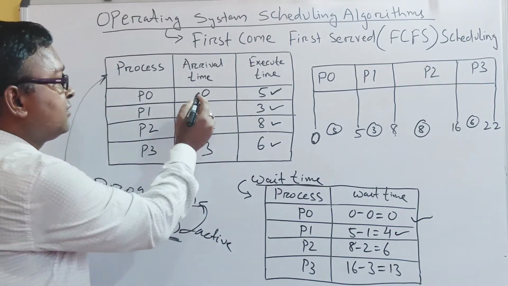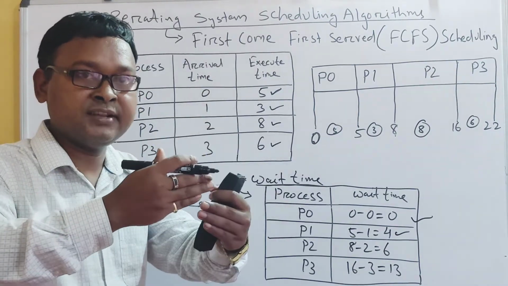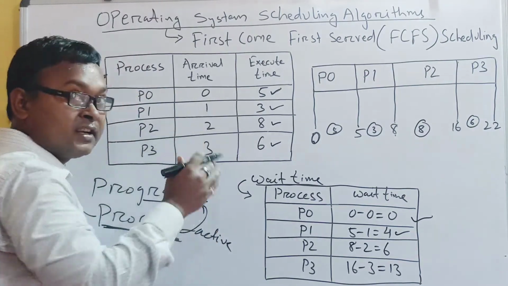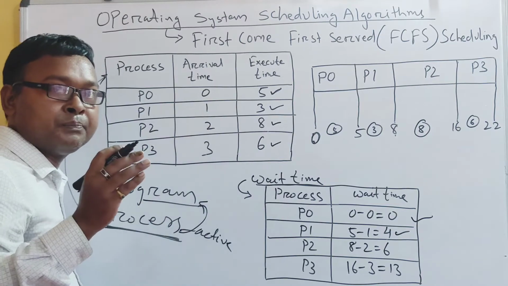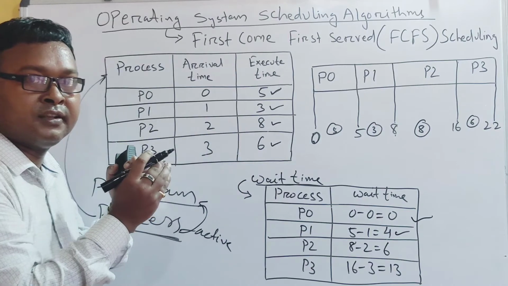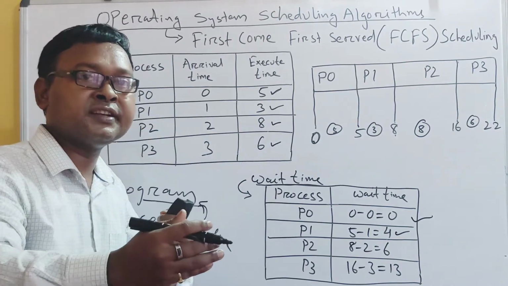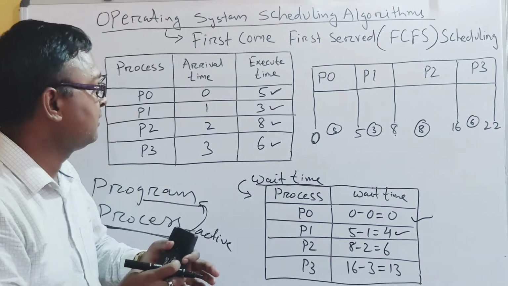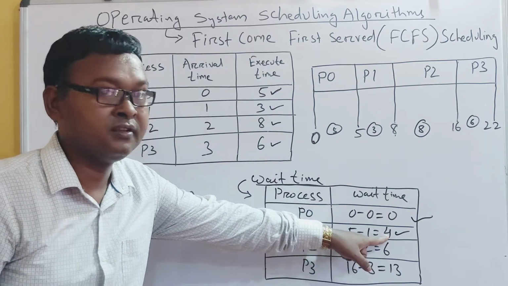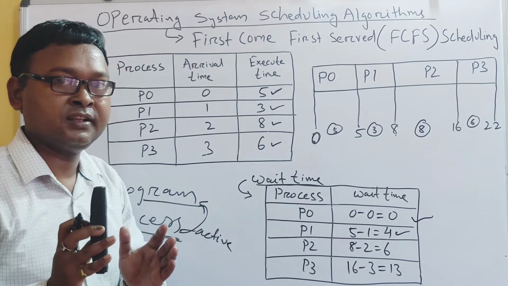P0 executed until 1 nanosecond, then P1 arrived. So P1 was not waiting for the processor before 1 nanosecond. So what is the total waiting time for P1? 5 minus 1, 4. So P1 has waited for the processor for 4 nanoseconds only.